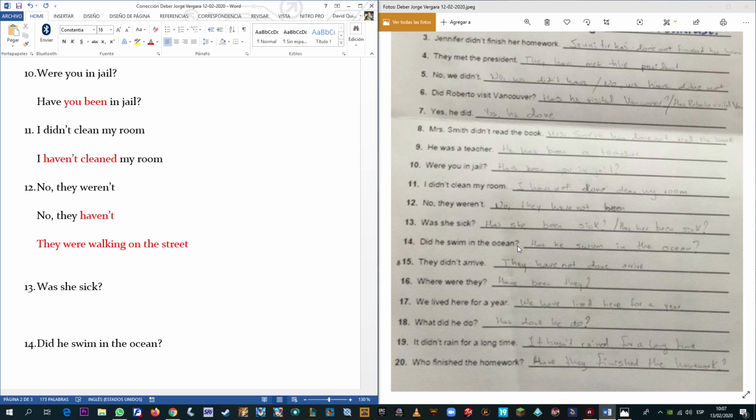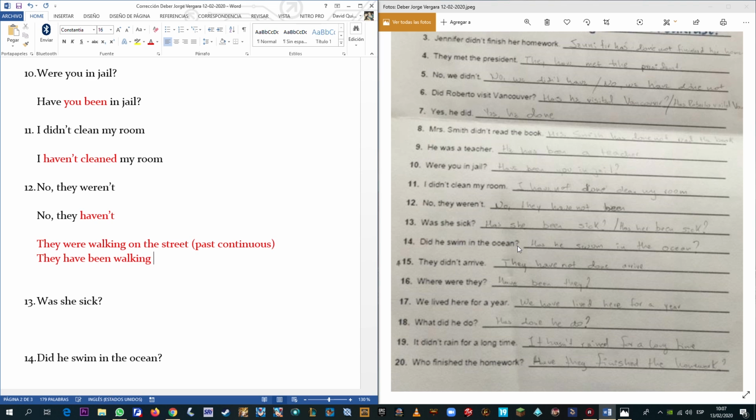This is a past continuous sentence. And if we change it to present perfect, it would be they have been walking on the street.